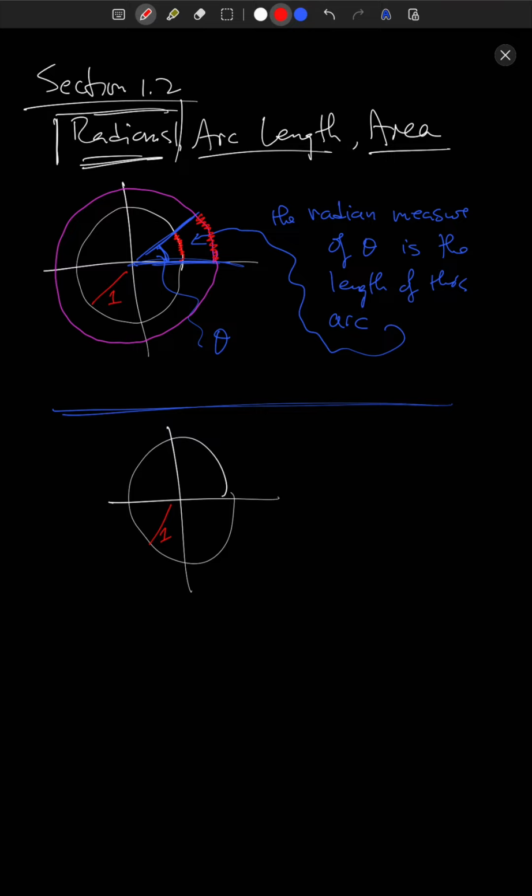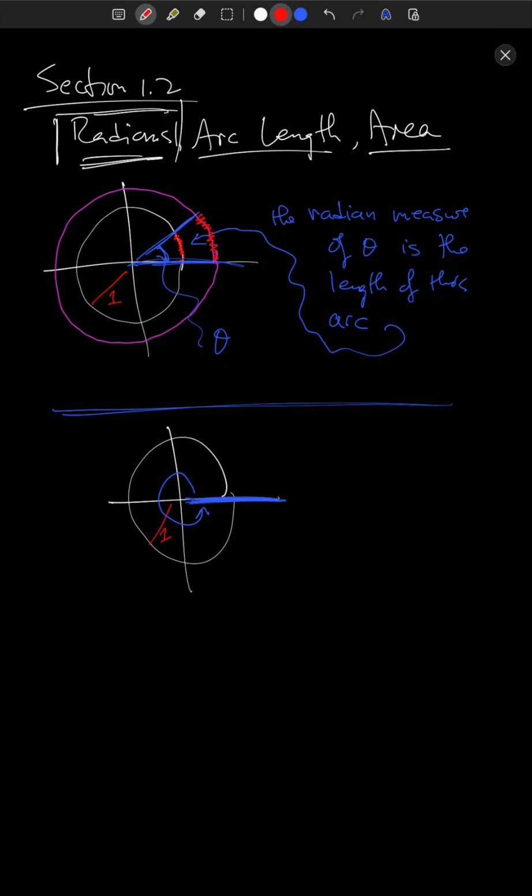So if I have a circle of radius 1 and I want to talk about an angle which in degrees would be 360 degrees, in other words an angle which goes all the way around, here's the initial side, and the terminal side is all the way around, so it's the same side. What would its radian measure be?